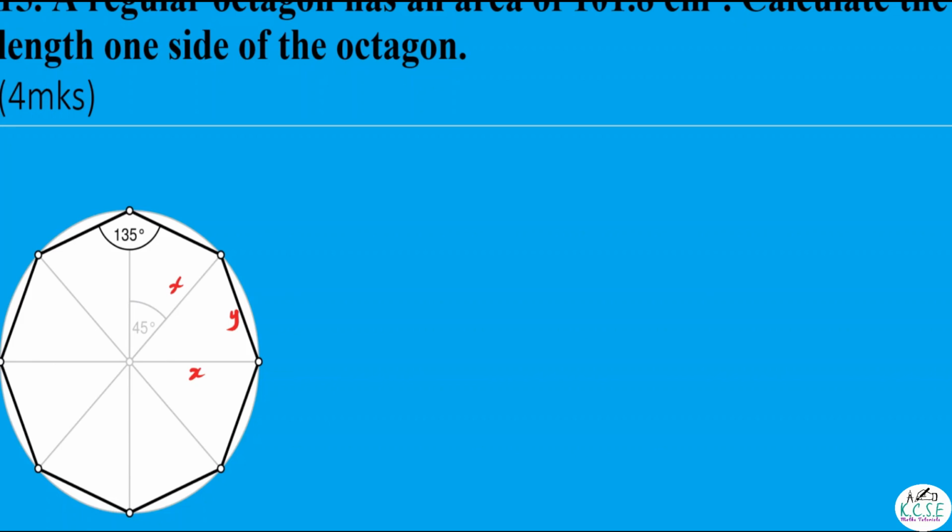So if the area of the whole octagon is 101.8, the area of one triangle is given by 101.8 divided by 8, and this gives 12.725 centimeters squared. So this is the area of one triangle.